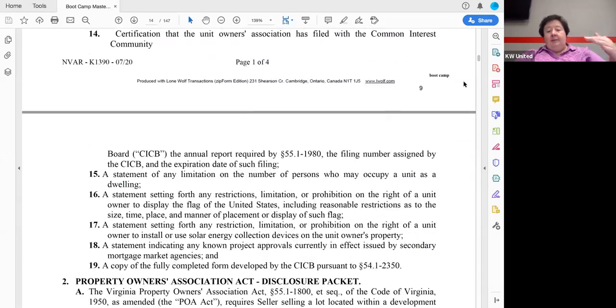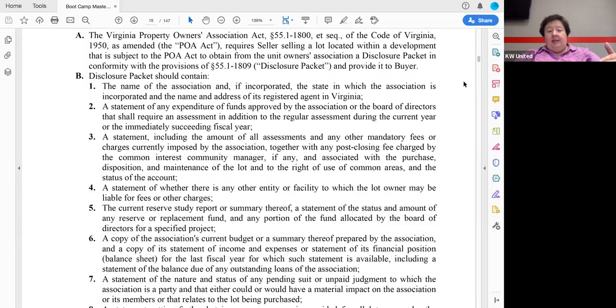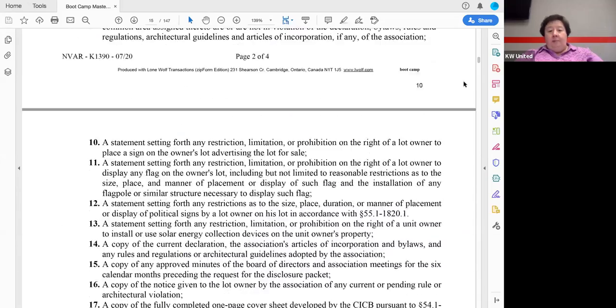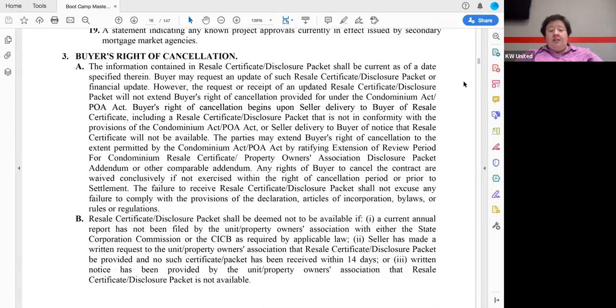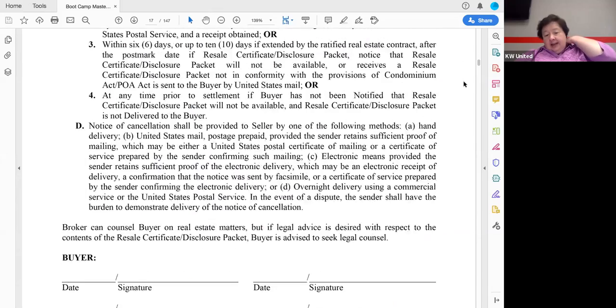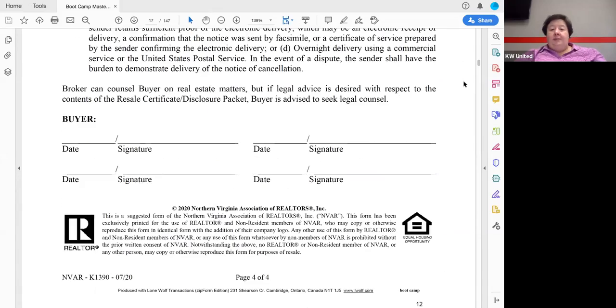So they succinctly put it down into this packaging. So this is something you give to the buyer. You can see it's 4 pages long. It's detailed out, and they don't have to go to the website. And then you just have them sign it. That's acknowledging that they've received it, okay? It's not part of your contract. It's strictly part of the buyer's agreement, okay?